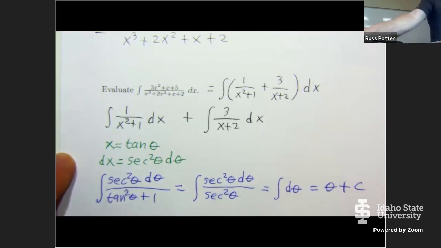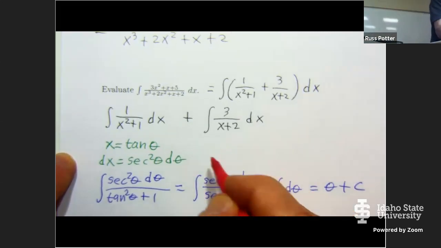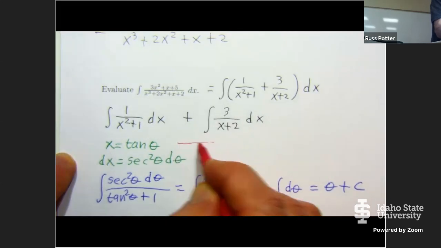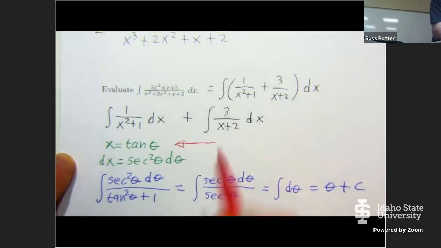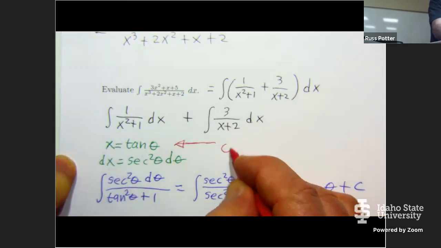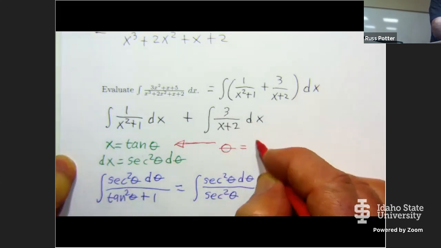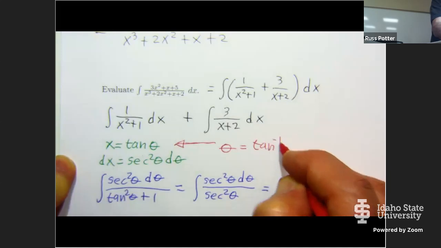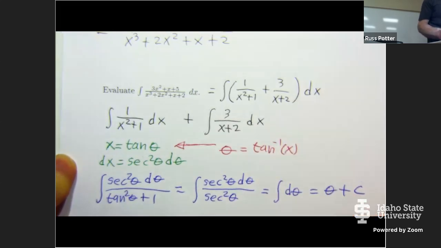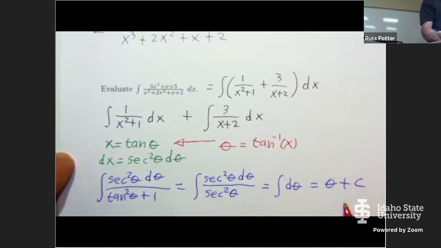And we know what theta is because our assignment for the substitution is x equals tangent of theta. So theta is just the inverse tangent of x. Okay, so that is the answer to the indefinite integral on the left. Inverse tangent of x.